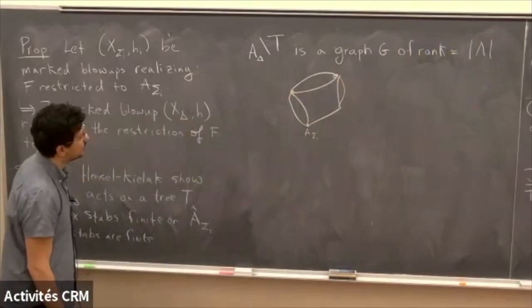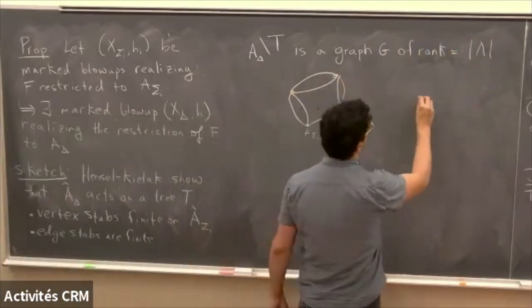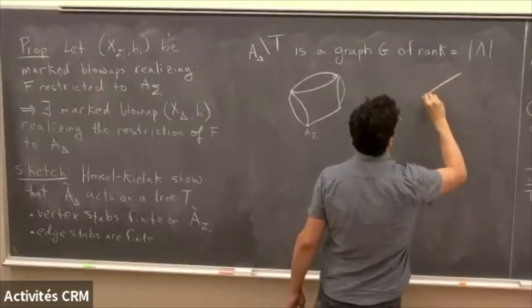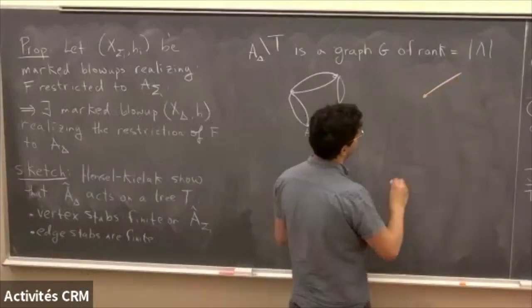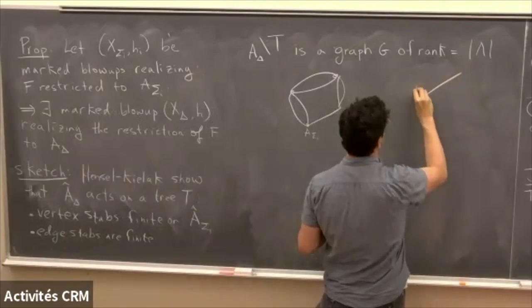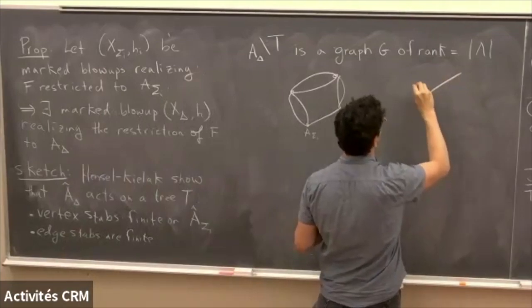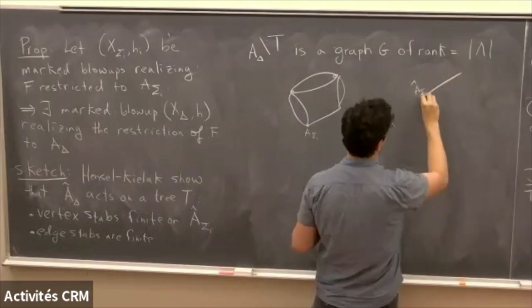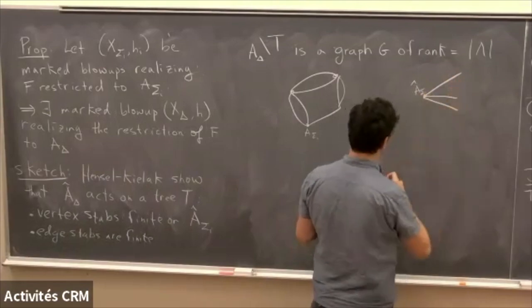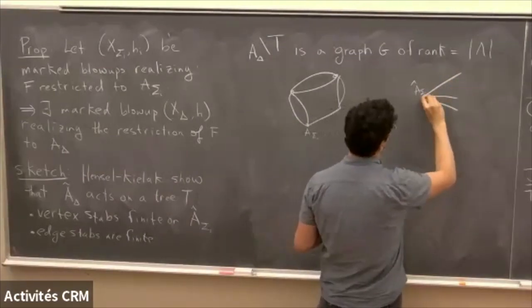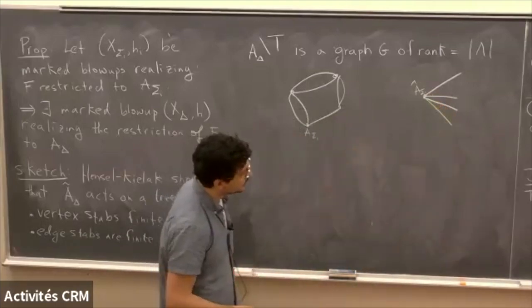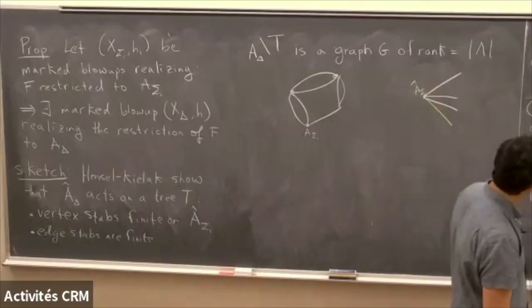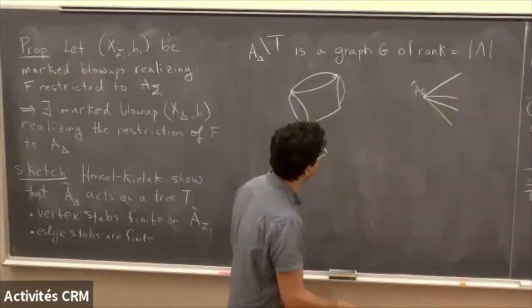Okay. And if we look back up in the tree, what we see are, let me maybe use some colors here. So if I take some vertex and say it's stabilized by A sigma i hat, I have all these edges coming out, and each one of these edges corresponds to some finite subgroup, which acts on A sigma i.